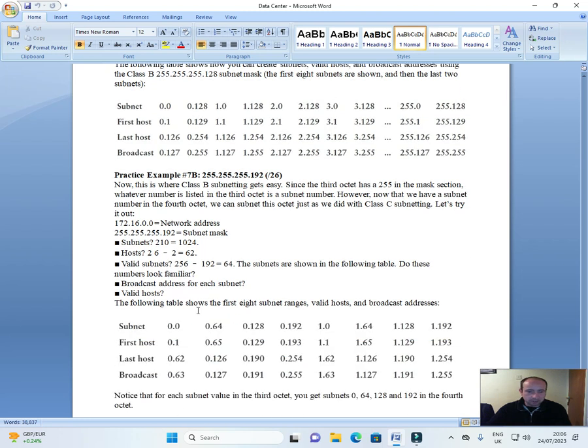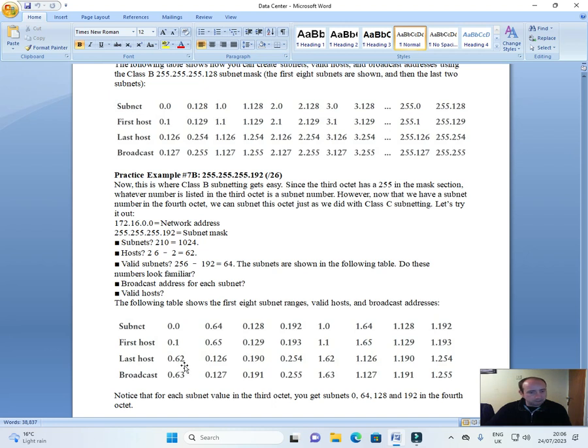The following table shows the first 8 subnet ranges, valid hosts and broadcast addresses. Subnet: 0.0, 0.64, 0.128, 0.192, 1.0, 1.64, 1.128, 1.192. First host: 0.1, 0.65, 0.129, 0.193, 1.1, 1.65, 1.129, 1.193.